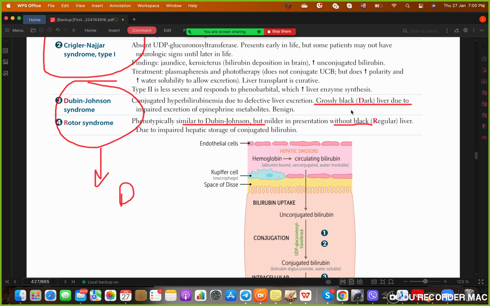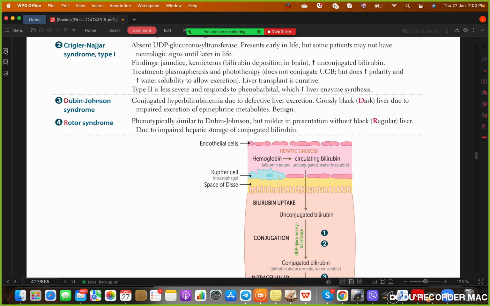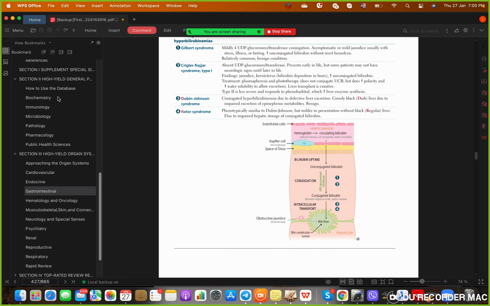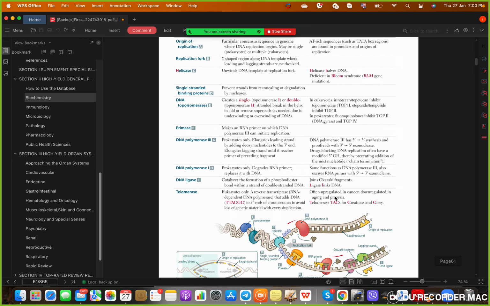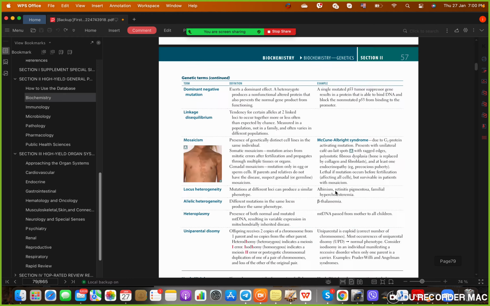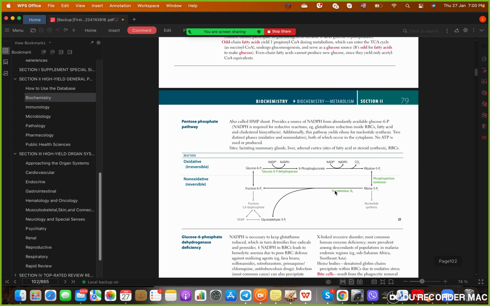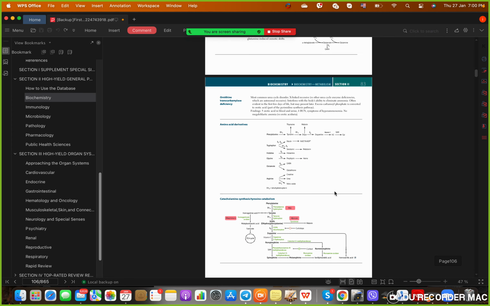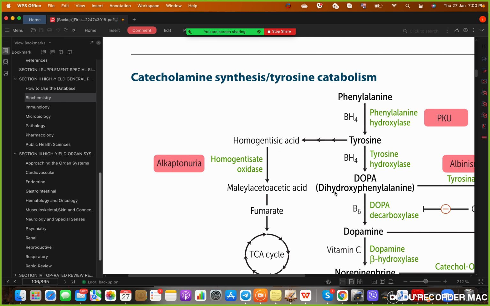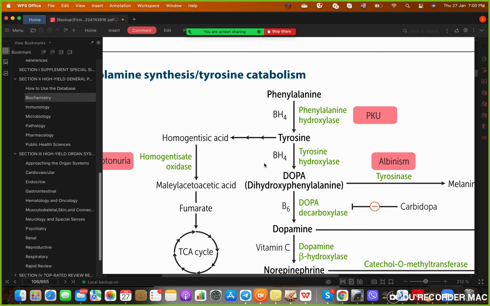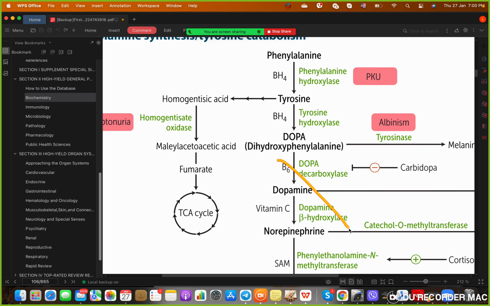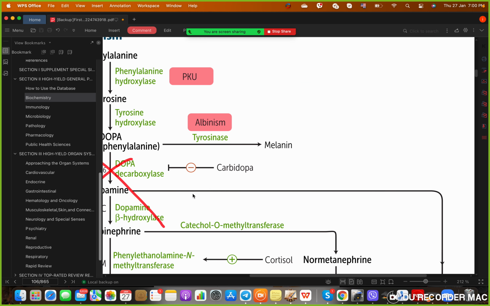So I just want to tell you a little bit why it's black. I know it's not our topic for today, but I have to go a little bit back to biochem to explain this point. If you go back to the biochem metabolism chapter, we did not do it yet. There's this process. This patient will have a defect in this guy, the DOPA decarboxylase.